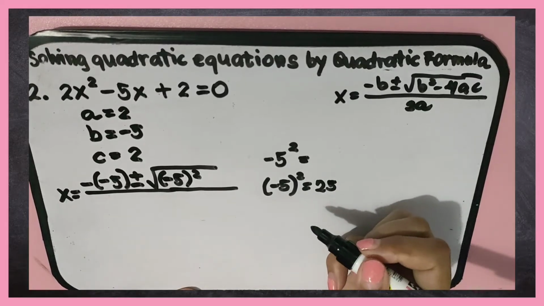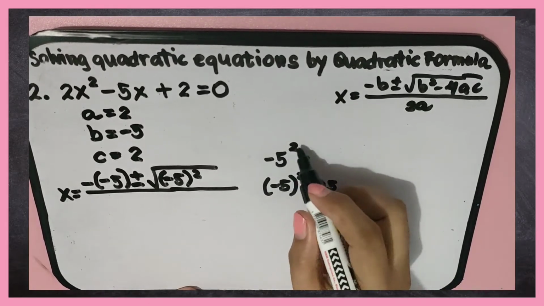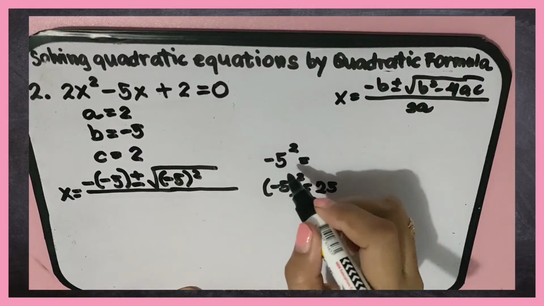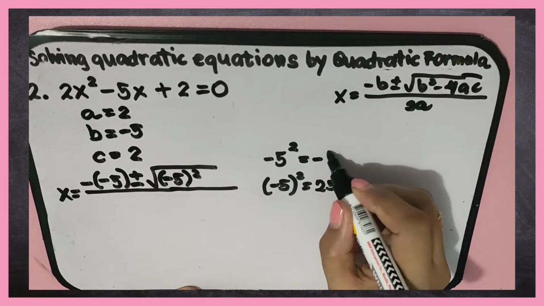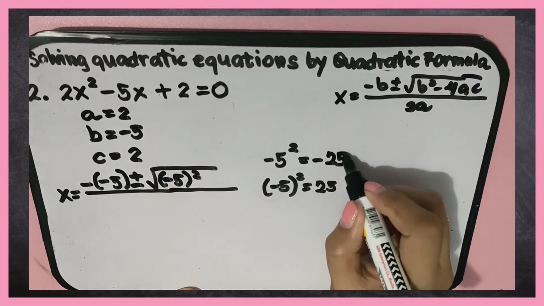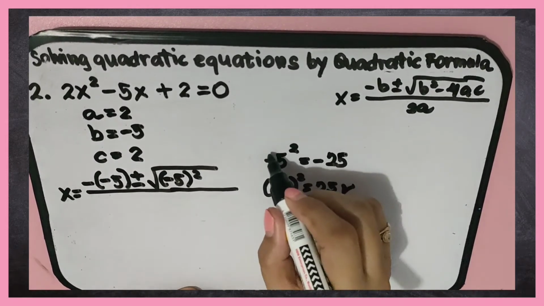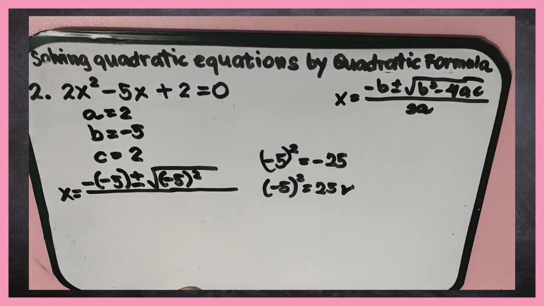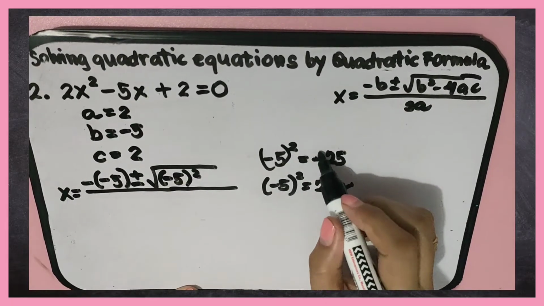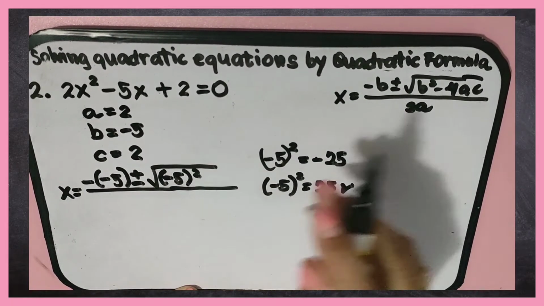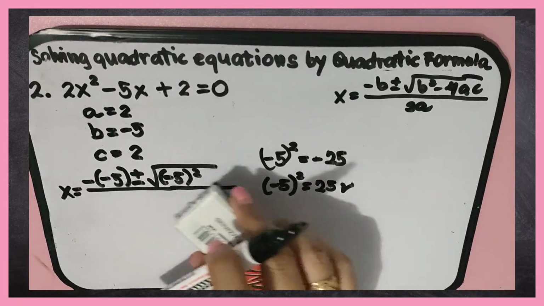And that is positive 25. Dito naman, dahil yung 5 lang ang naka-exponent na 2, so magiging sagot mo dito ay negative 25. So, ito yung tama. Kailangan may parenthesis para maging positive.